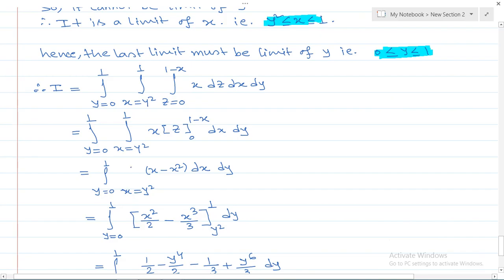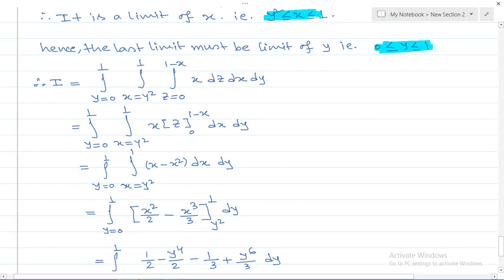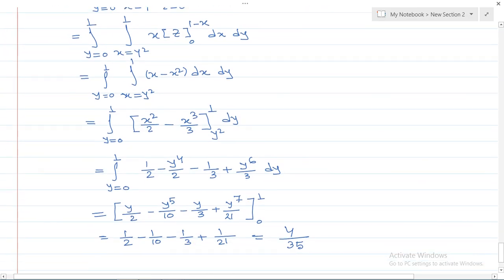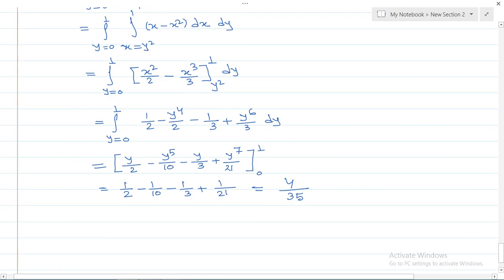First of all we have done the integration with respect to z, substituted the limit of z as 1 minus x, so x into 1 minus x, x minus x square. Now we have to perform with respect to x, and thereafter we have to do the integration with respect to y, and finally we substitute the limit of y, and we will get the final answer as 4 by 35. So this is the way that you can perform the integrations.